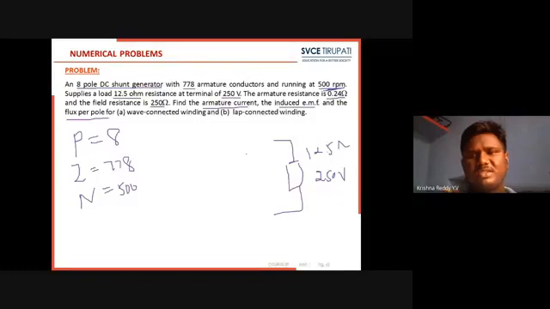The armature resistance is 0.24 ohms and field resistance is 250 ohms. Now we need to calculate the armature current and the induced EMF. After that we need to calculate the flux per pole.